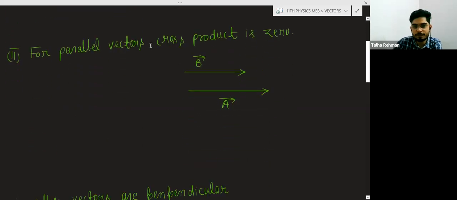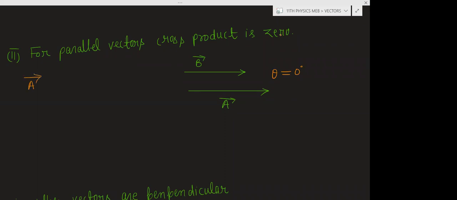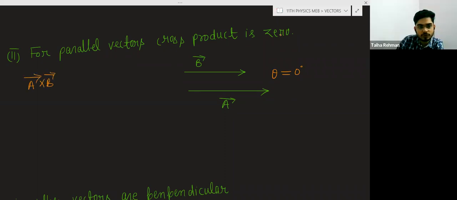Second property: for parallel vectors the cross product is 0. For parallel vectors, what is theta between the two vectors? 0 degrees. When you do A cross B, you get AB sine theta, and we are calculating the magnitude.